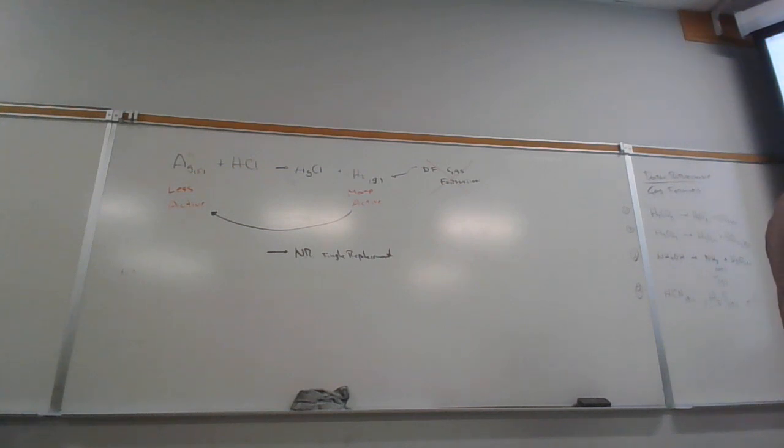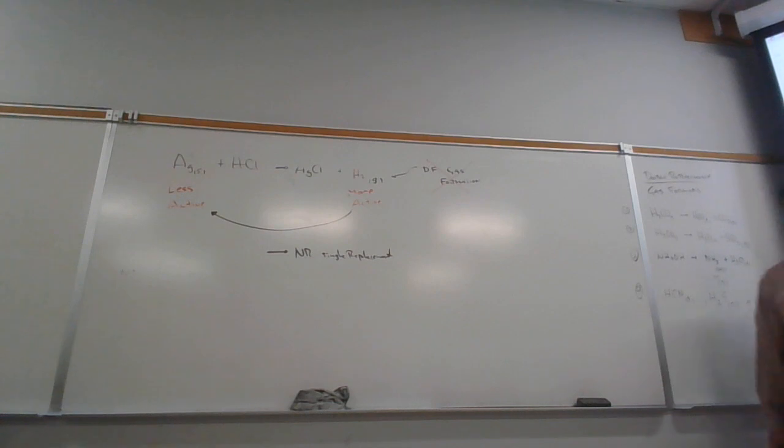So the three reducers present, sorry, miscount there: silver, which is here, water, which is here, and chloride, which is here. So the best reducer is silver.